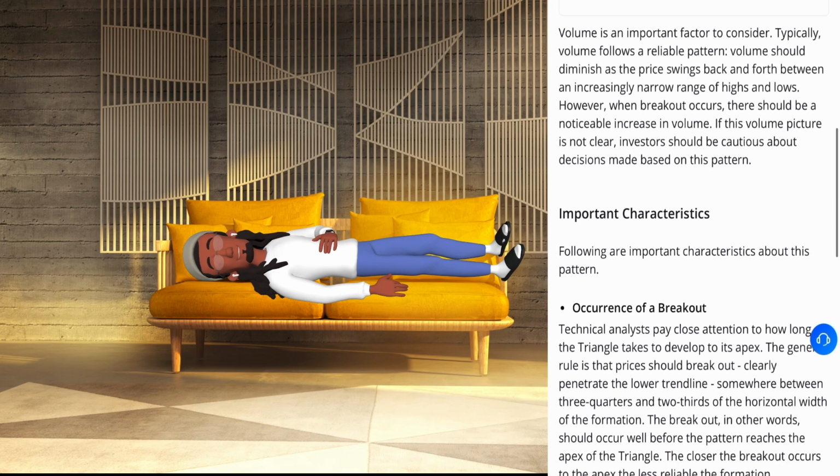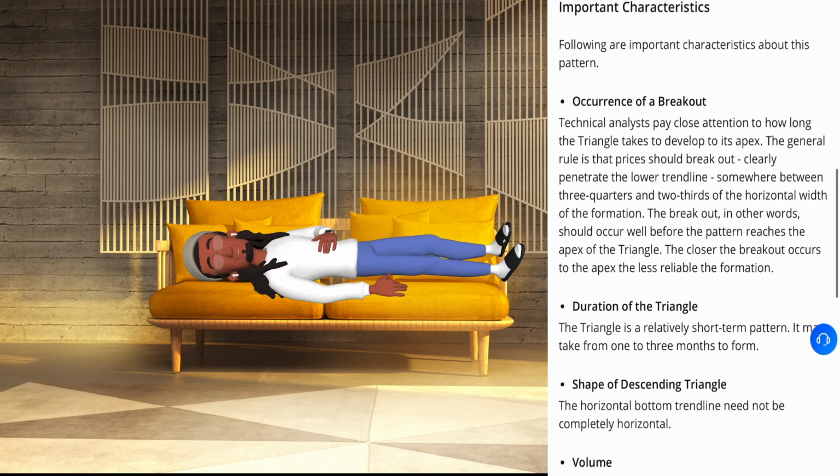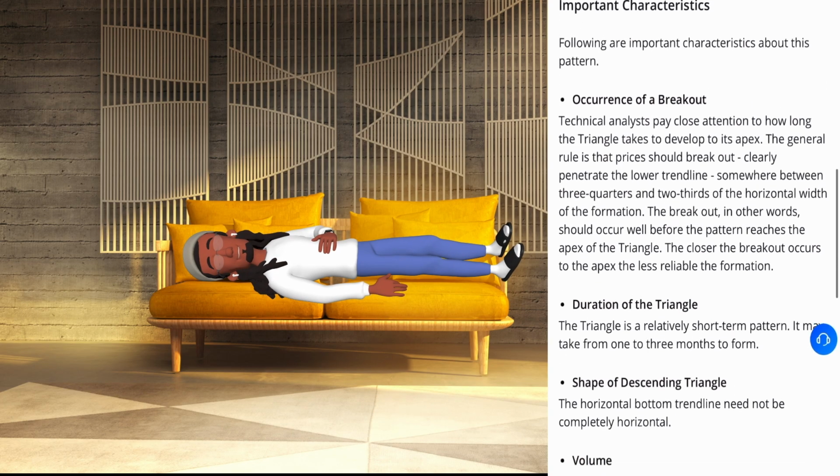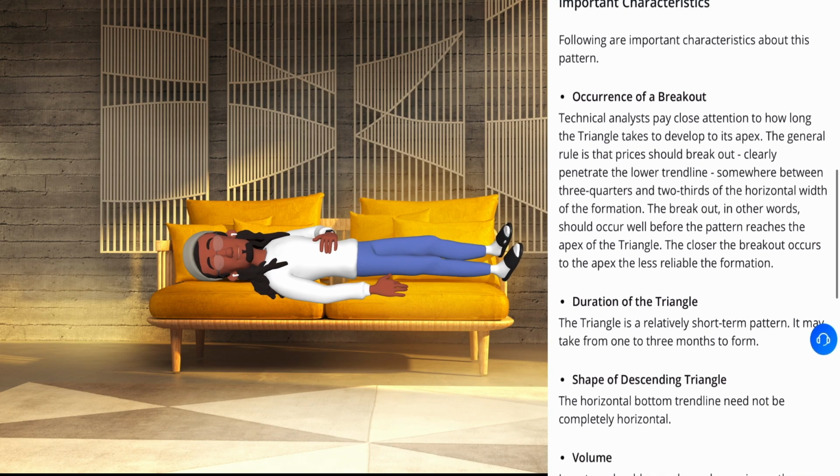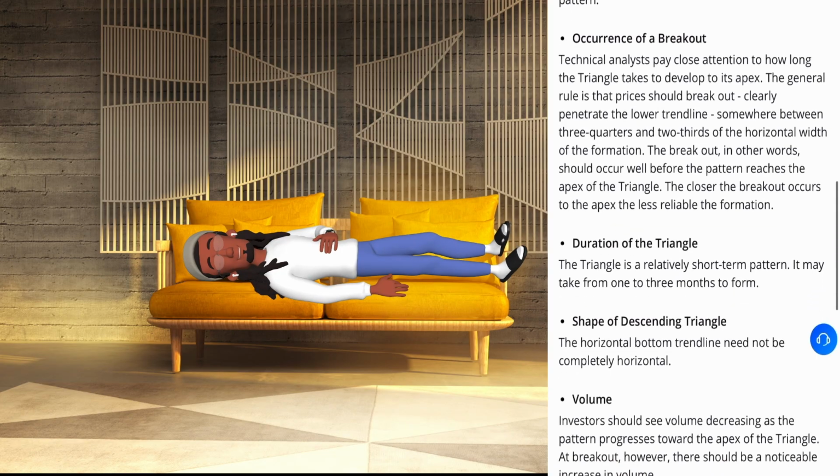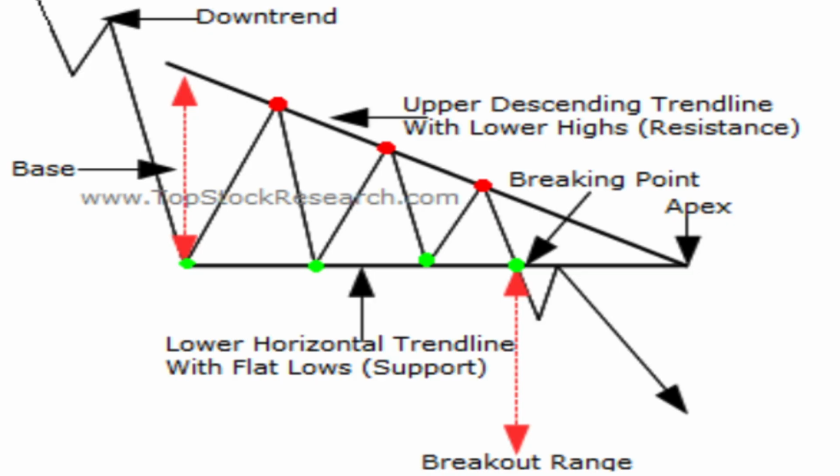Important characteristics. Occurrence of a breakout. So this is crucial for a descending continuation triangle. Technical analysts pay close attention to how long the triangle takes to develop to its apex. All right, that intersection.